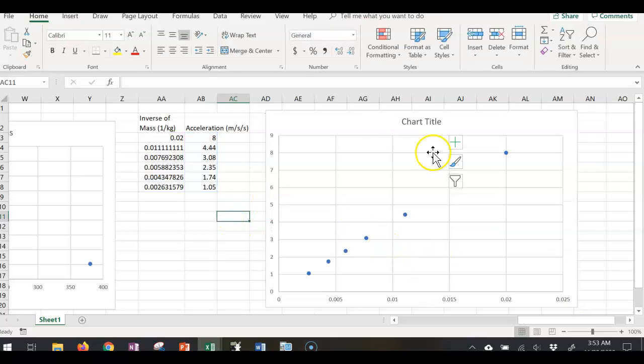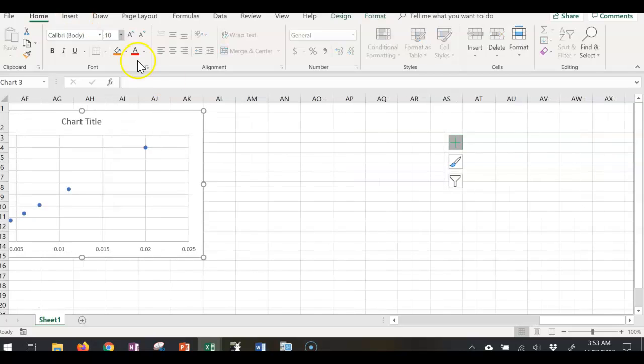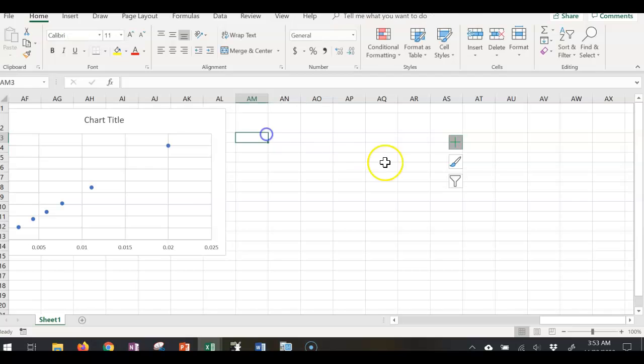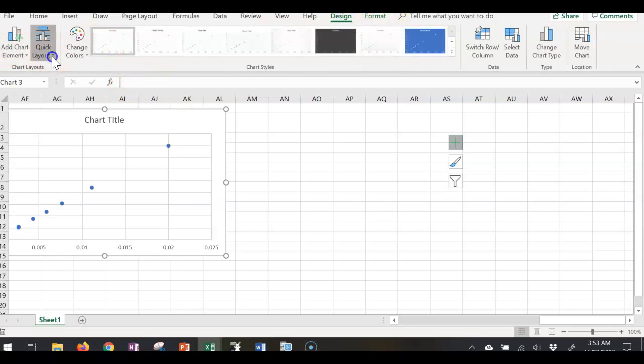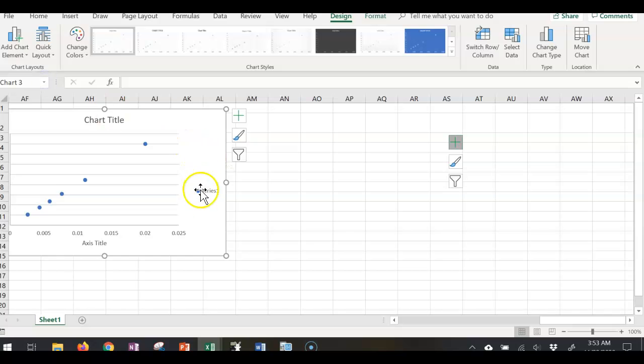Not sure what's happened to my things here. Let me go back and, well, I'll go to Design and do a quick layout on it. There we go.